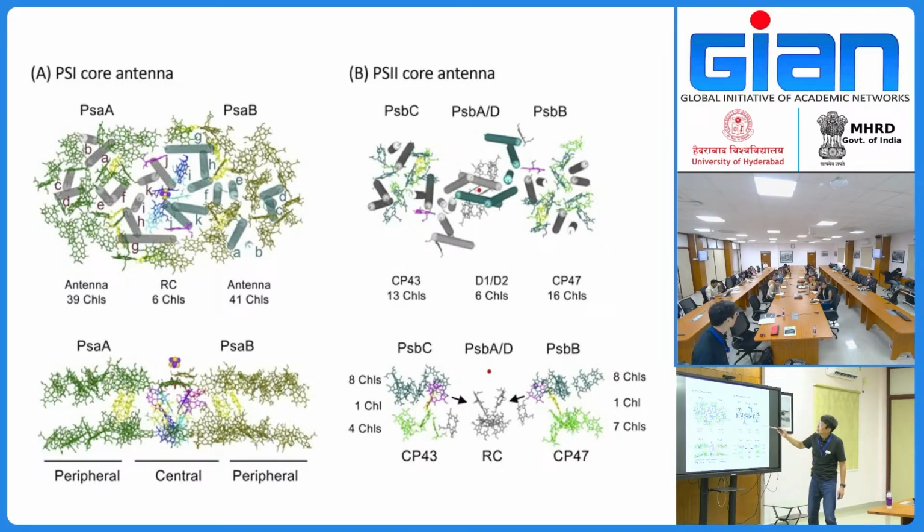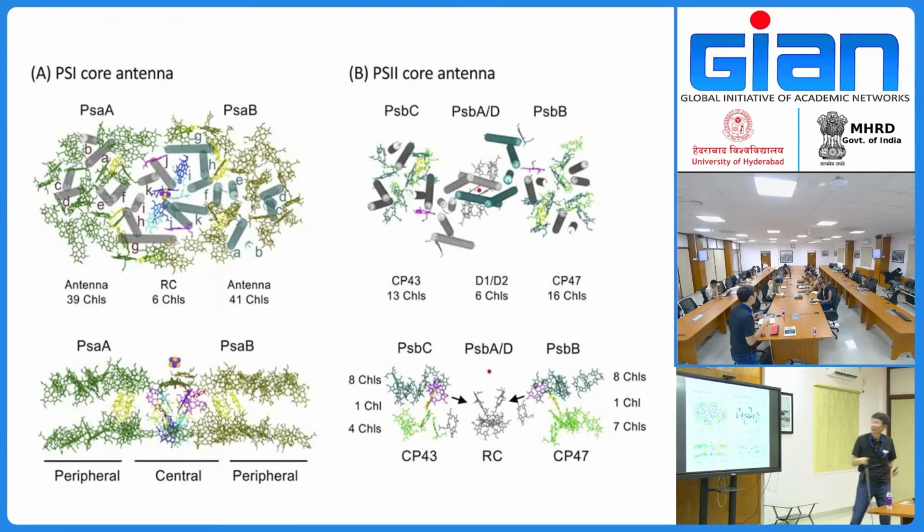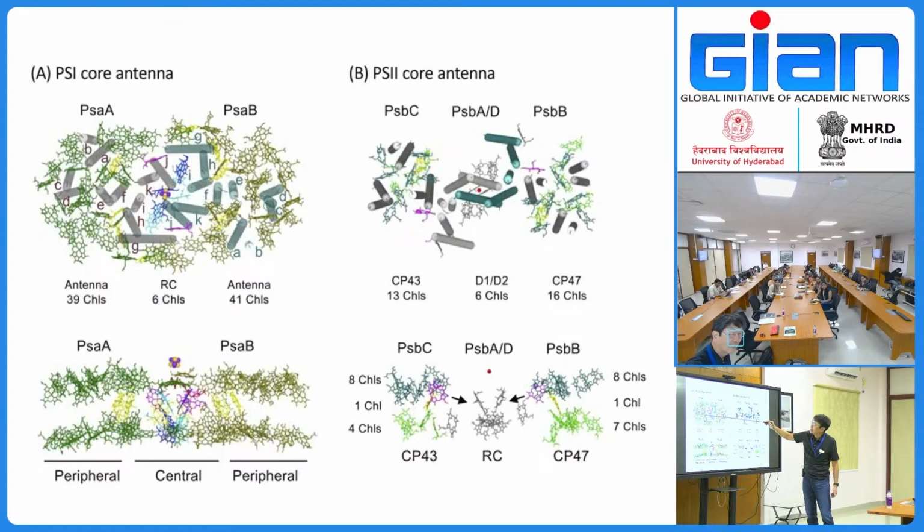And the N-terminal domain contains 6 transmembrane helices. And there are 3 pairs: A, B helices, C, D helices, E, F helices. Okay? 3 pairs of alpha helix is the N-terminal domain.